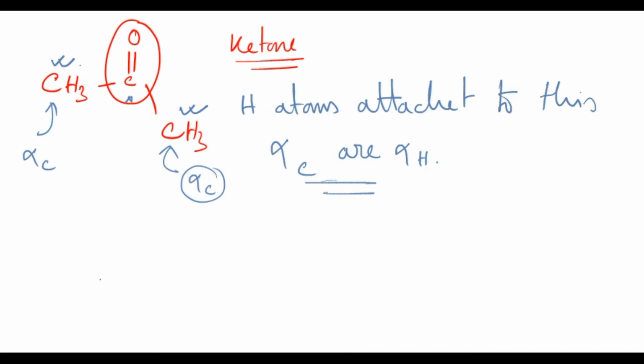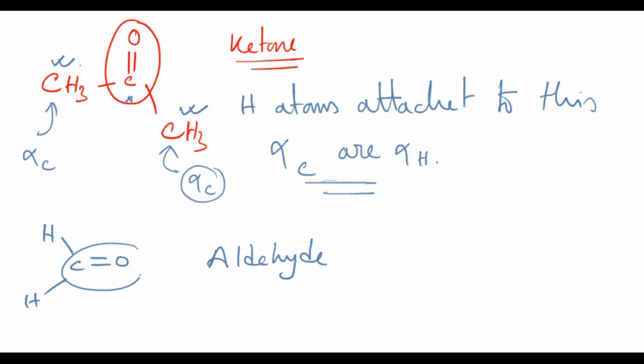If I show you a molecule H-C(=O)-H, this is an aldehyde. Will it show tautomerism? Actually this does not contain any alpha carbon, thus no tautomerism here.